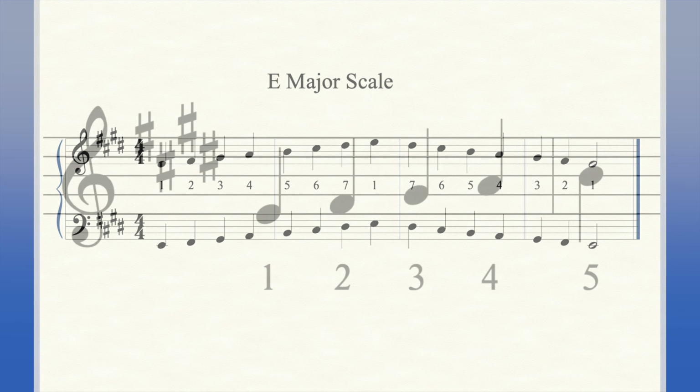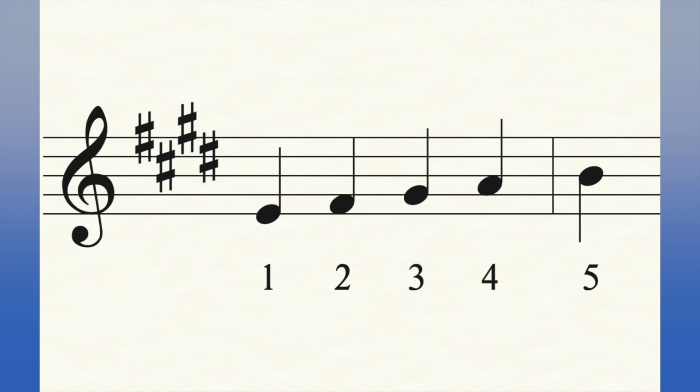All right, now let's sing the scale degrees in a random order. Start out with scale degree 1 now. That was 1. Now try singing 3. That was 3. Now let's see if you can sing 2.